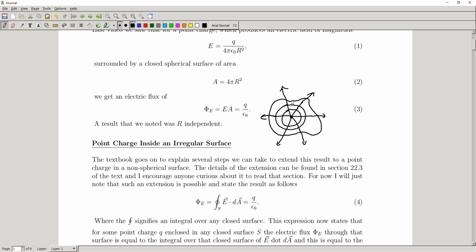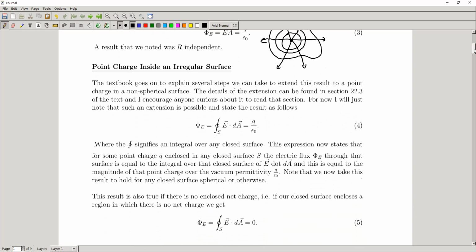Again, all these electric field lines eventually pierce through our weird shaped closed surface, and again we end up with the same amount of electric flux emerging from this region. Even though it may be that not everywhere our electric field is parallel to our area vector, it doesn't matter. In the end, if you add it all up, and this is what the discussion in the textbook goes through, you end up with the same result.